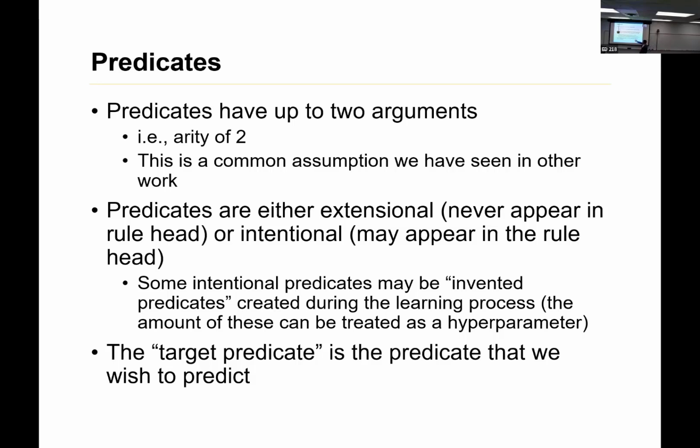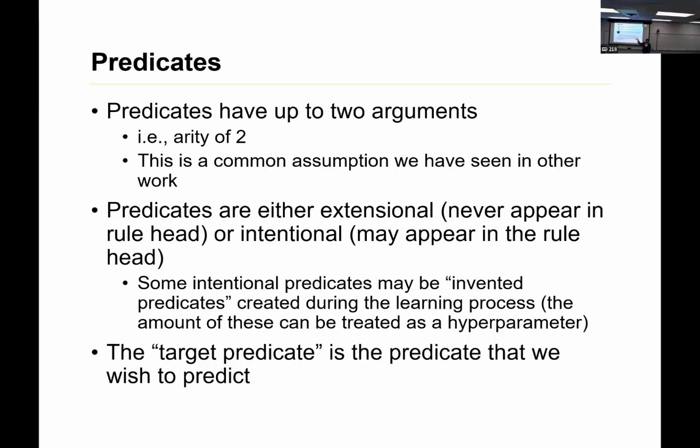Finally, we have target predicates, and that's what we're looking to predict. So because this is a gradient-based approach, using training samples, we have a loss function. And so we have to decide what that loss function is with respect to, and so the target predicate is what we pick for that. Notice, the target predicate is clearly going to be intentional, but not all intentional predicates will be target predicates.